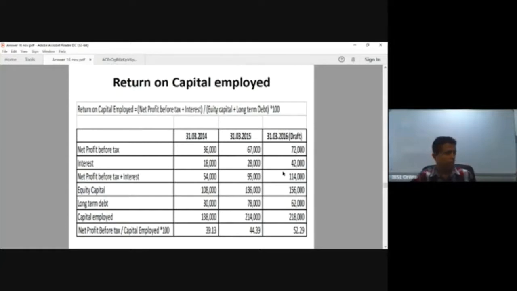I think there is a mistake in 2016. 62,000 divided by 118.